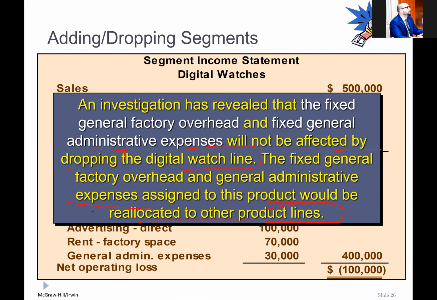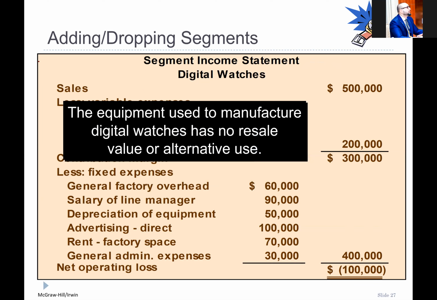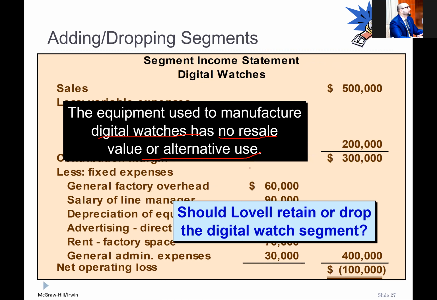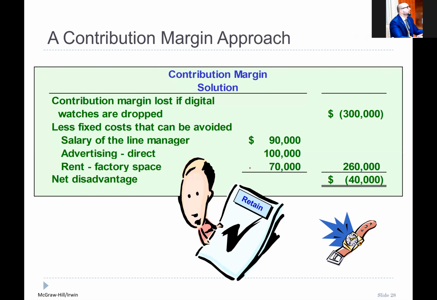It means its fixed expenses are going to be spread to other segments of the Lowell company, right? The equipment used in digital watch has no resale value. If they want to sell it, it will be sold at zero market value. Now, should Lowell retain or drop the digital watch segment? So look at the differential costs. All remain the same.